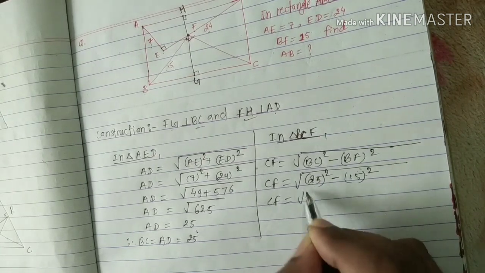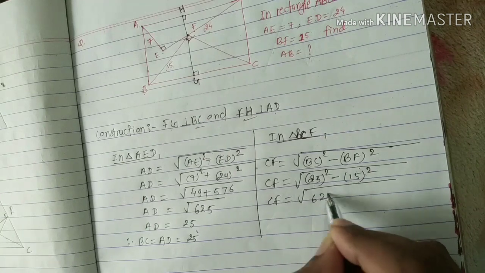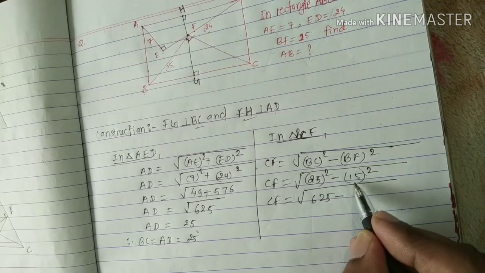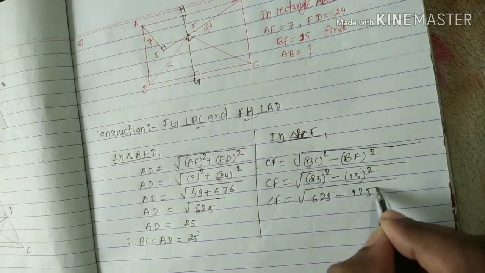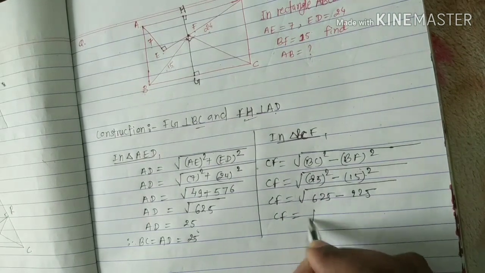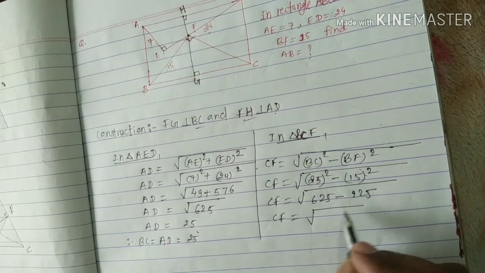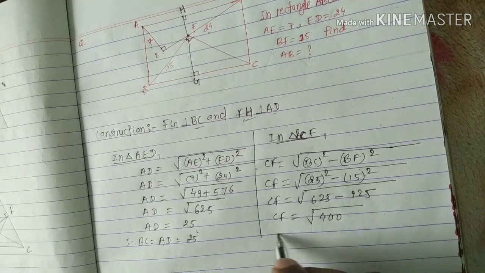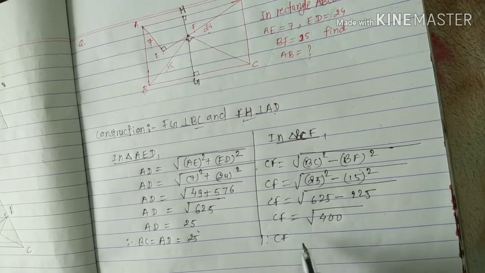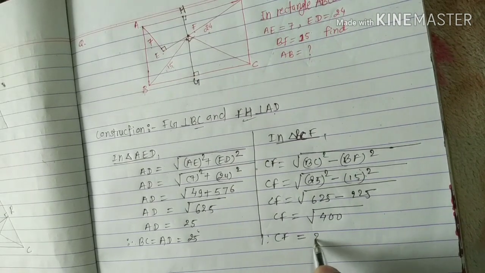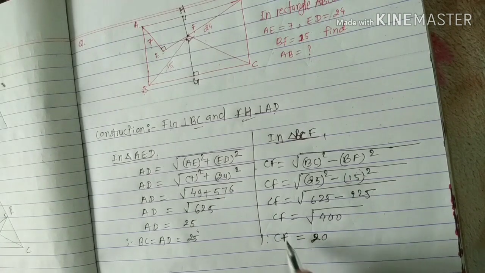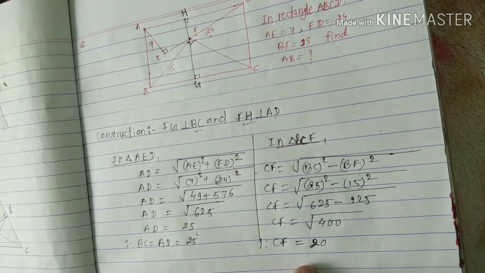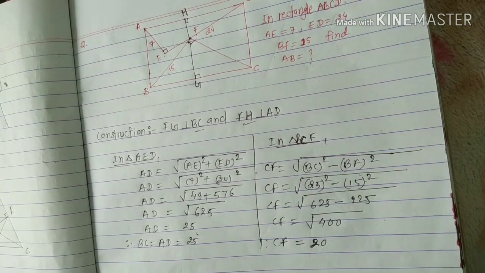CF is equal to 25 squared, which is 625, minus 15 squared, which is 225. After subtraction we have 400, and the square root of 400 is 20. So we got the value of CF. We got the length of CF here as 20.